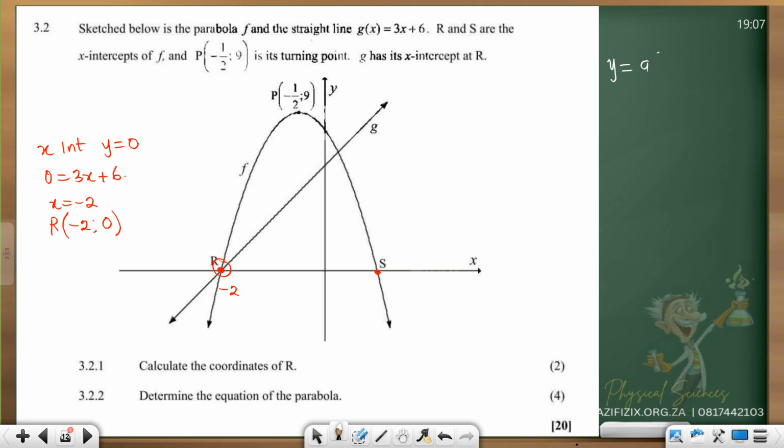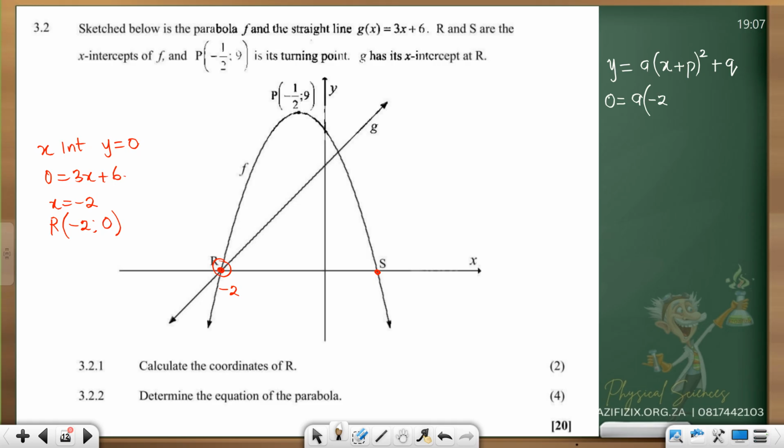I can use a into x plus p squared plus q. Do I know a point on the graph? -2 and x, y is 0, right? What is x? -2.